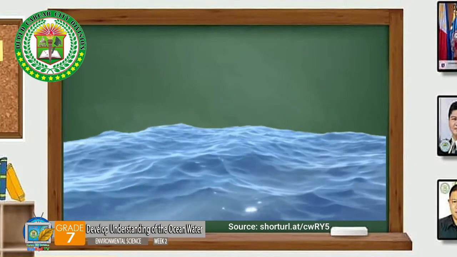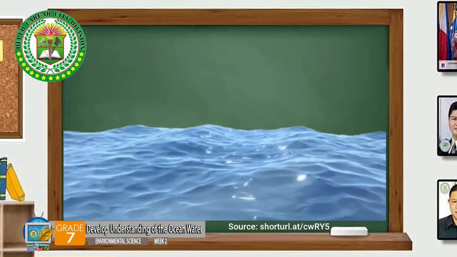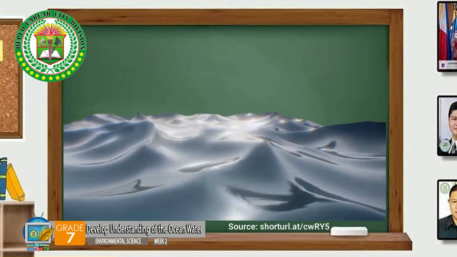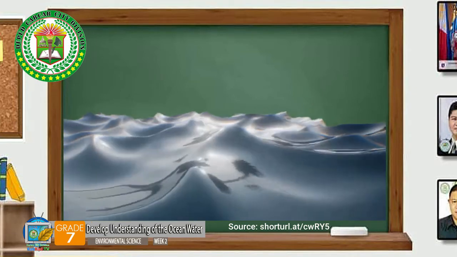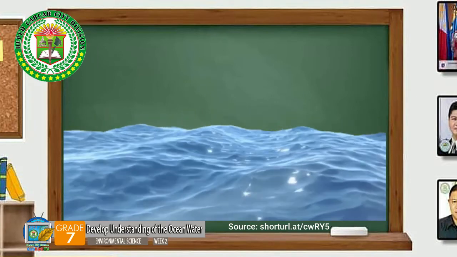The oceans are an important part of the Earth. They help to determine the makeup of the air. They help determine the weather and temperature, and they support great amounts of life.